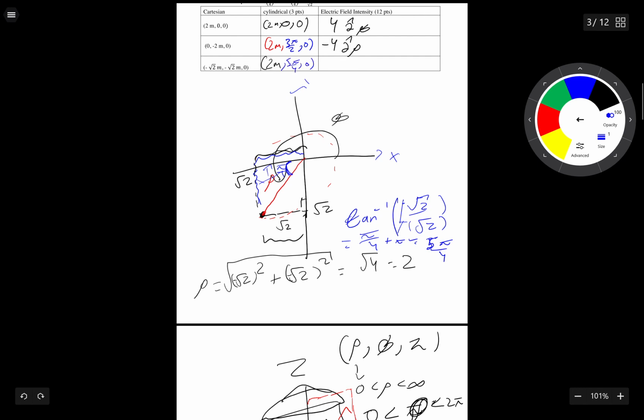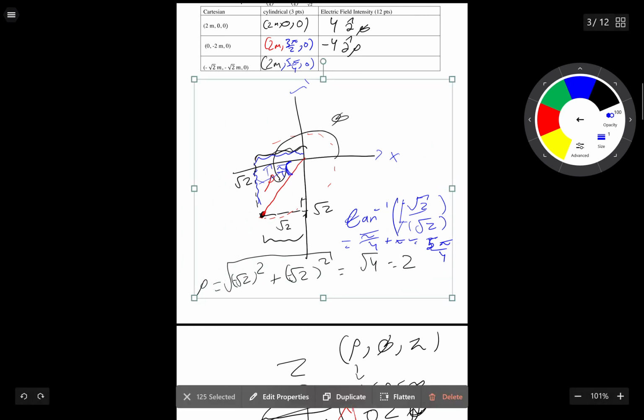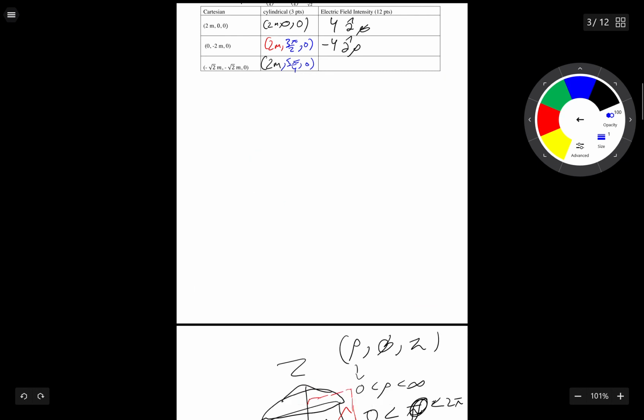Now to determine the electric field intensity, let me clean all of this up first so we can have more space to go through this. For our unit vectors, we know we are in our third quadrant. Here is our point.